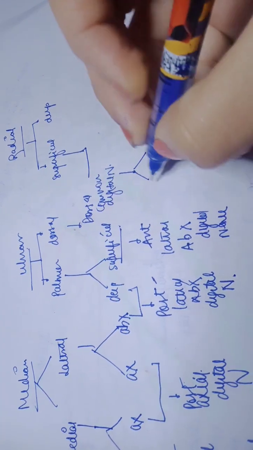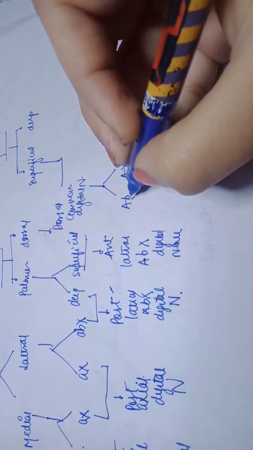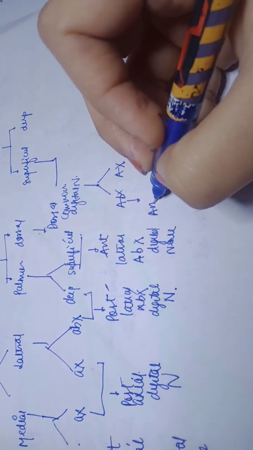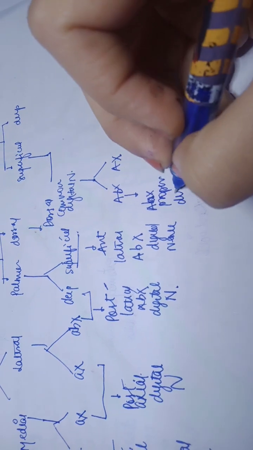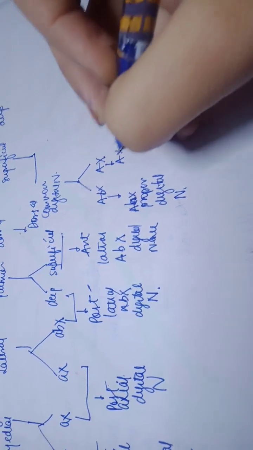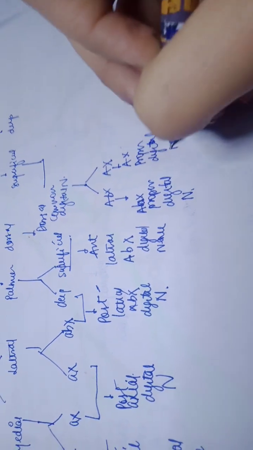and then they divide into two parts, abaxial and axial, okay. Then the abaxial one continues as abaxial proper, from common it becomes proper, abaxial proper digital nerve, and axial will continue as axial proper digital nerve.